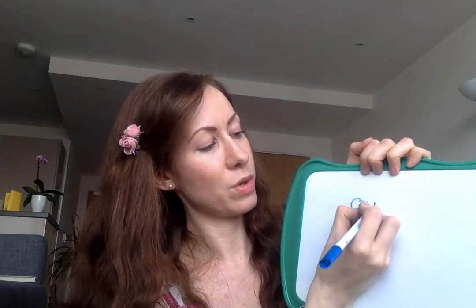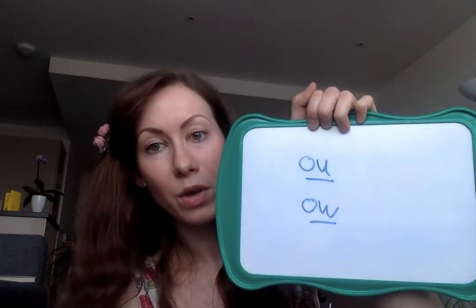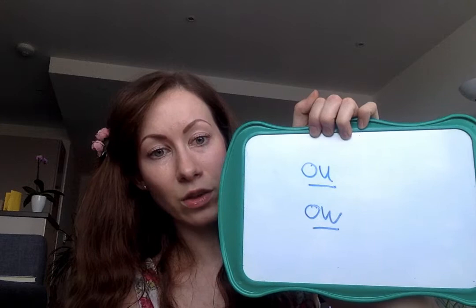On to the next bit. I'm going to tell you a few words. I want you to have a go at writing them down, okay? And you have to think about which digraph you're going to use. Is it going to be this one, which spelling of the digraph, or this one, okay? So have a think as you write down the words. So the first word is how. How.